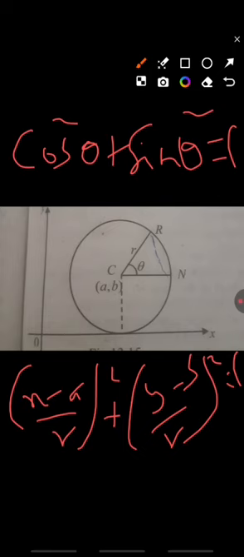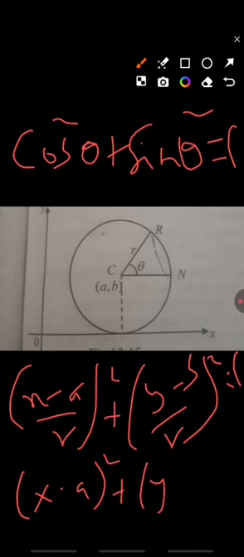In this case, I want to get rid of the fraction, so I multiply through by r squared. If I multiply through by r squared, I get the final result to be (x minus a) squared plus (y minus b) squared is equal to r squared.